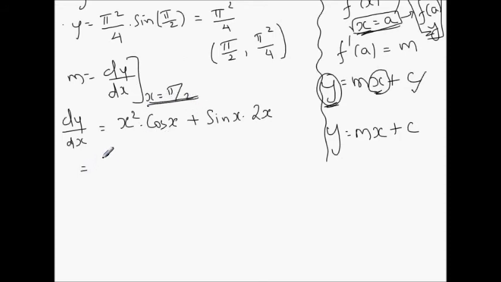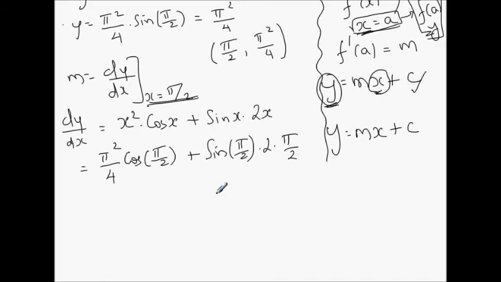So just substitute it directly. Pi squared over 4 cos pi over 2 plus sin pi over 2 times 2 times pi over 2. Now cos pi over 2 is 0, so that term cancels, and sin pi over 2 is 1, therefore this is pi. Therefore m, which is dy/dx at pi over 2, is pi.